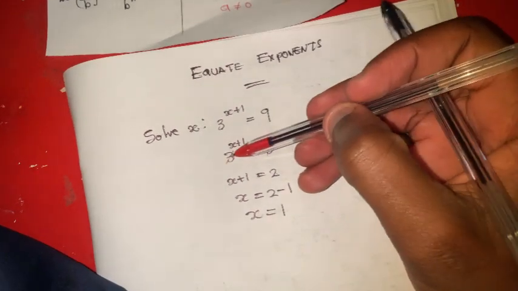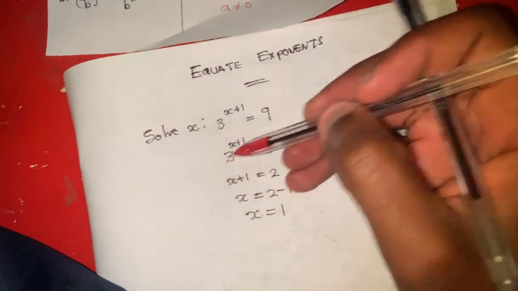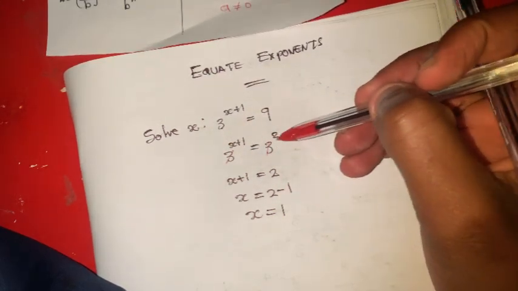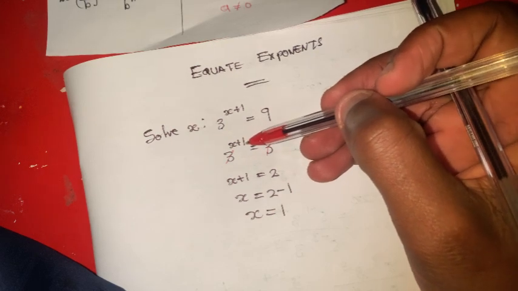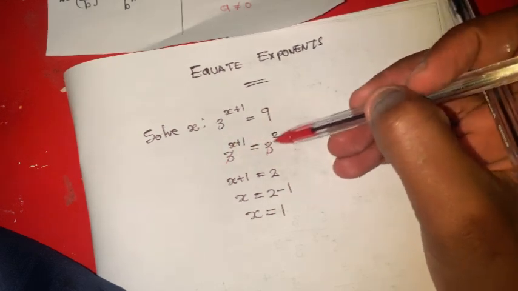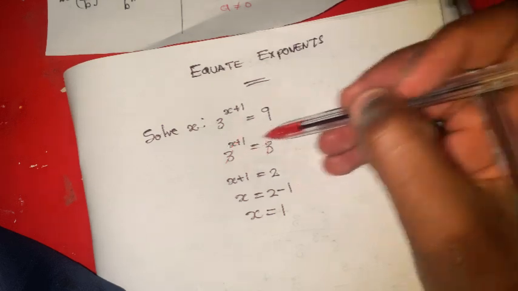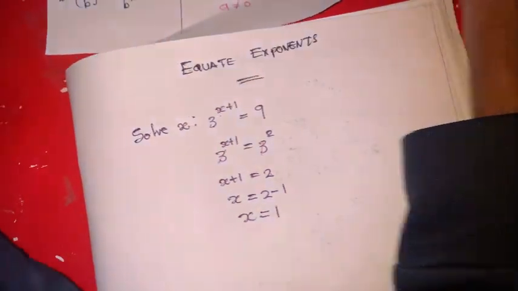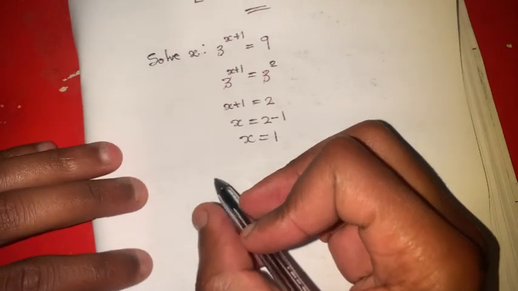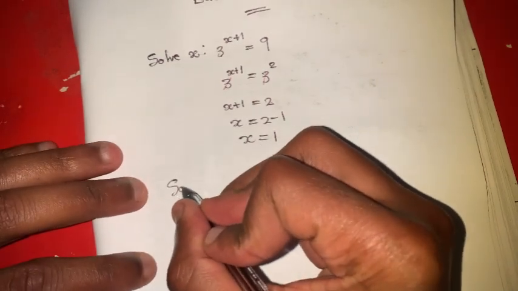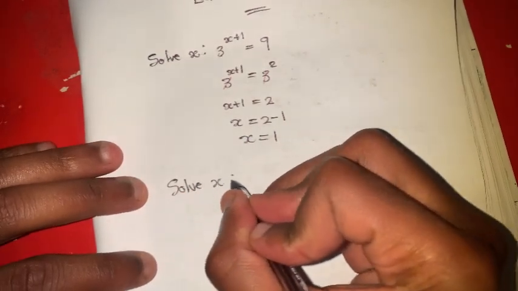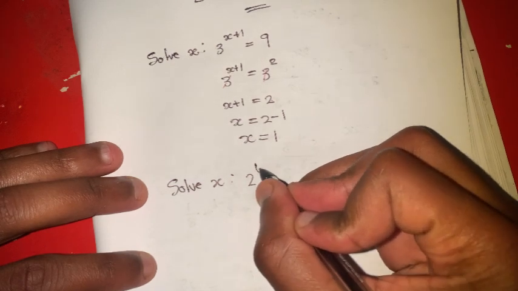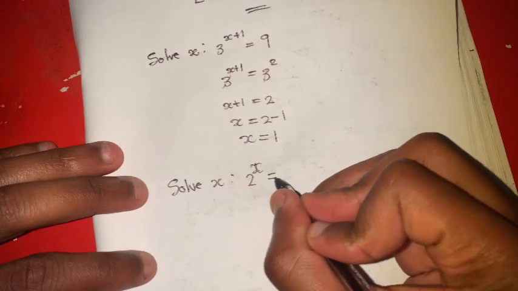But dropping the bases does not mean you divide both sides by 3 and they cancel out, because you have the exponent here. It's simply a rule or a law where you make your bases the same, then you equate the exponents. Now let's say, for example, you have to solve for x where 2^x is equal to 1.